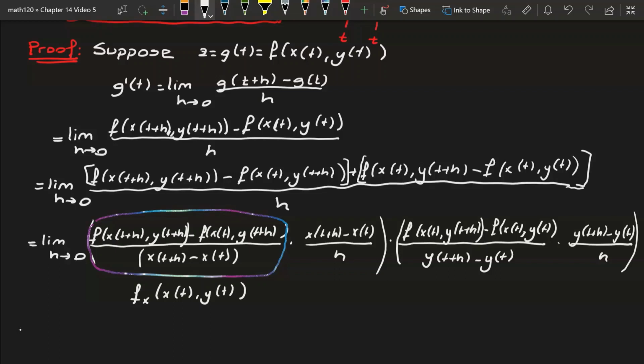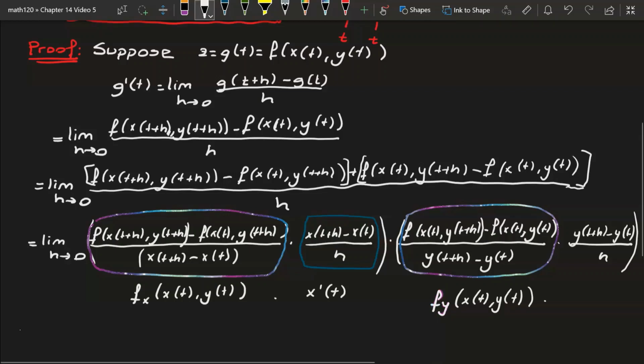And the limit as h goes to 0 of x of t plus h minus x of t over h is the derivative of x with respect to t. Here you have x prime of t. Similarly, here we have the partial derivative of f with respect to y at x of t, y of t.